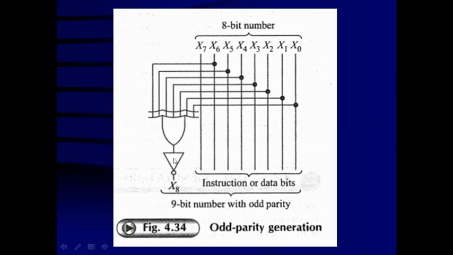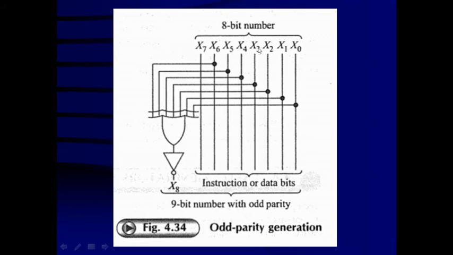And again it is followed by an inverter, so the output of this inverter will produce output 1. So x8, that is the ninth bit, contains one more 1. That means whatever input has an even number of ones plus 1 becomes an odd number of ones at the input side, and hence this data now contains odd parity.